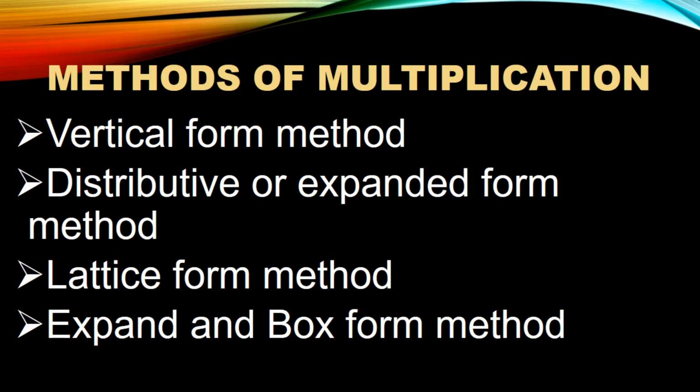Distributive or expanded form method. With this method here, the numbers will be used to distribute among the multiplier. So you will split the multiplier into two using their place value digits.